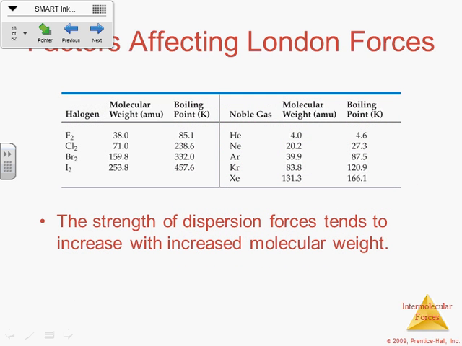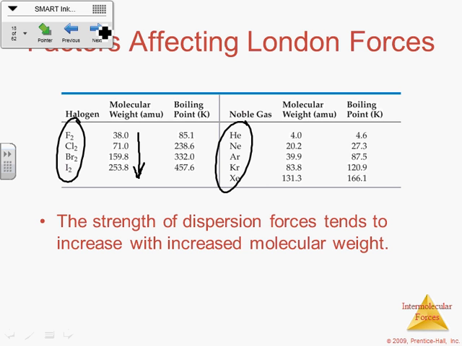The other thing that affects it is that as the molecular weight increases, as the size of the atom increases, typically the strength of the dispersion forces increases. As the molecules get bigger, as there are more electrons and more energy levels, that's going to increase the strength of these dispersion forces. Just an idea here, there is no difference in polarity between these because they're all completely non-polar. Same with the noble gases over here. But as you increase the mass, you can see the boiling points go up.